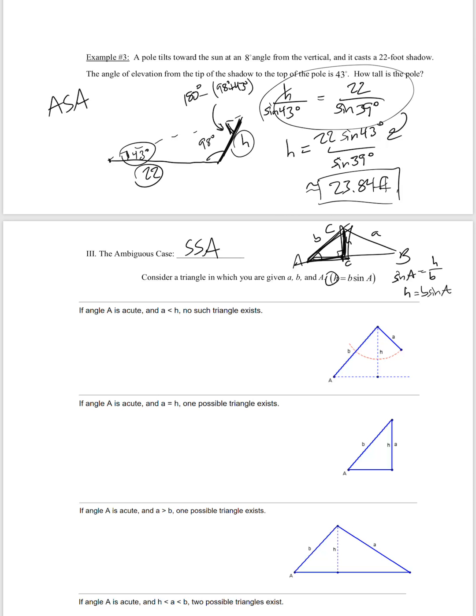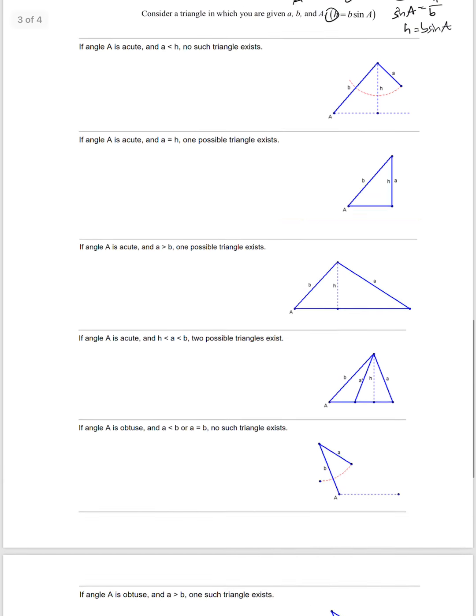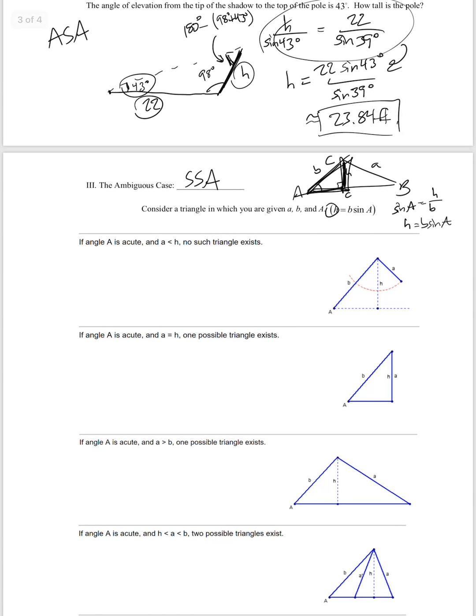So if angle A, the angle I'm given, is an acute angle, there's a bunch of different possibilities. If side length a is less than the height, then there's no possible triangle. And so there's a lot of cases here. You don't need to memorize this. This is all at the bottom of your district reference formula sheet, so don't worry about that too much.